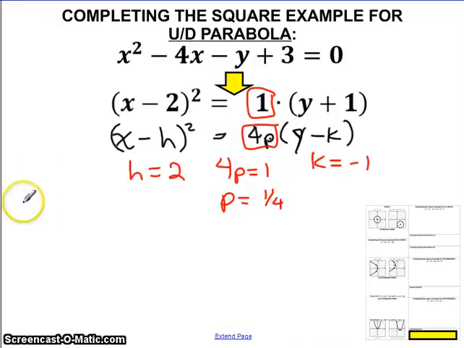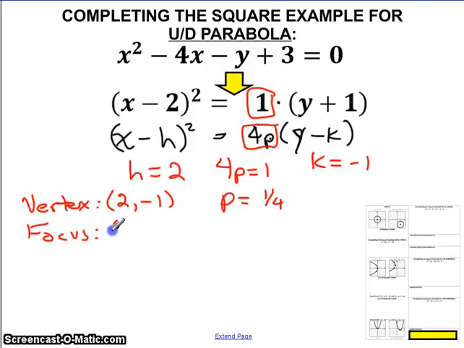Okay. So we have a vertex at (h, k), 2, -1. We have a focus at 2, -3/4. So -3/4 comes from k plus p. -1 plus 1/4 gives us -3/4.